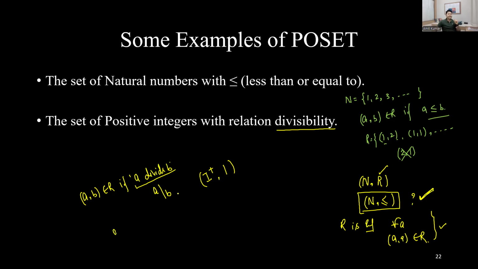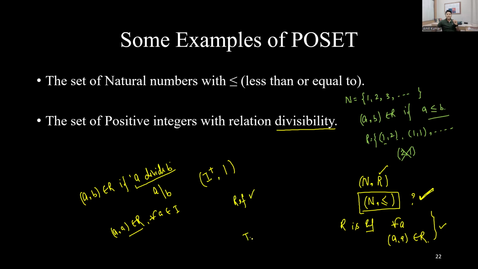Because for every A, (A, A) belongs to R. The reason is that every number divides itself. 1 divides 1, 2 divides 2, 100 divides 100. So it satisfies the condition, hence this relation of divisibility is reflexive.